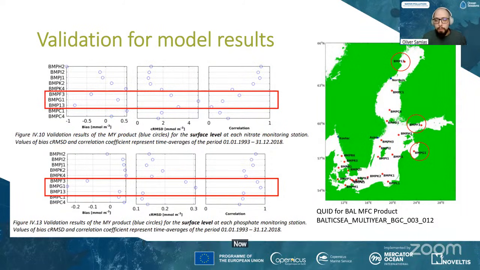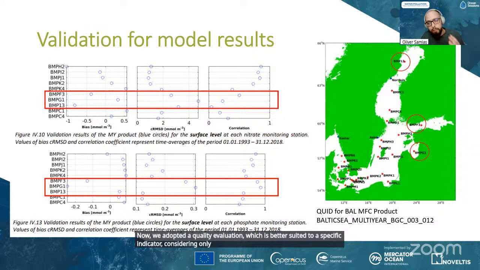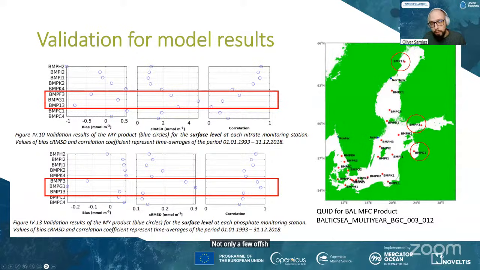Now, we adopted a quality evaluation which is better suited to a specific indicator, considering only relevant seasons while using data from all monitoring stations in each assessment unit, not only a few offshore stations like here.